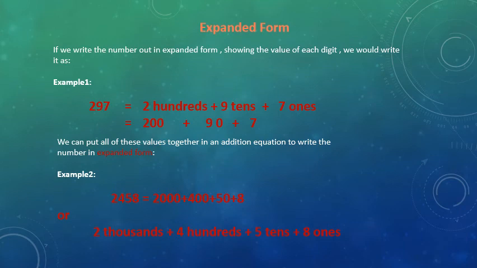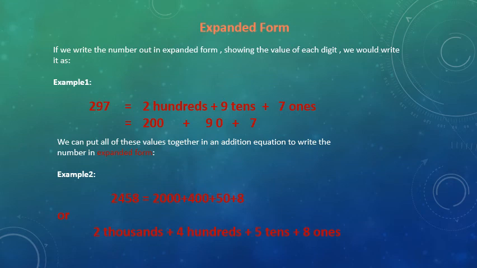In the second example, the number is 2458. How do you write it in expanded form? Yes, the value of 2 is 2000 plus the value of 4 is 400 plus the value of 5 is 50 plus the value of 8 is 8.